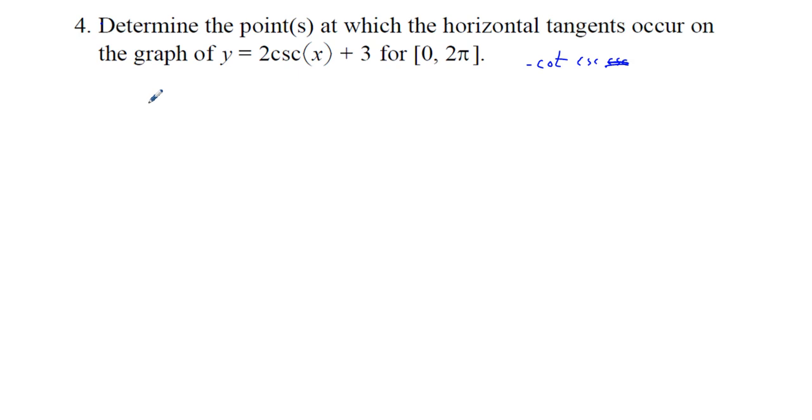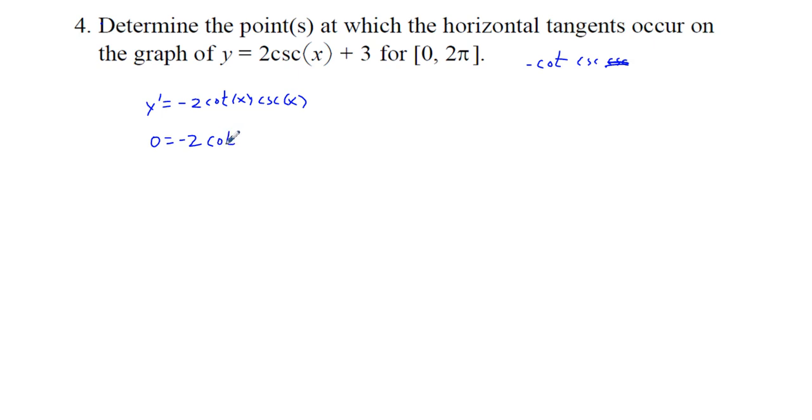We have y prime is equal to negative cotangent cosecant, so we're going to say negative 2 cotangent x cosecant x, and then the derivative of 3 is 0. And so if we set the first derivative equal to 0, we will find where those horizontal tangent lines occur.